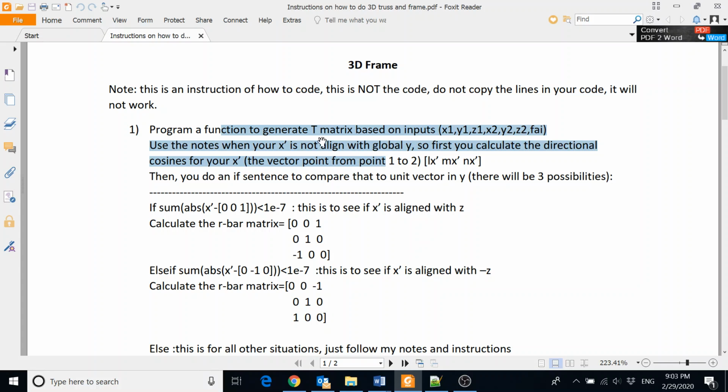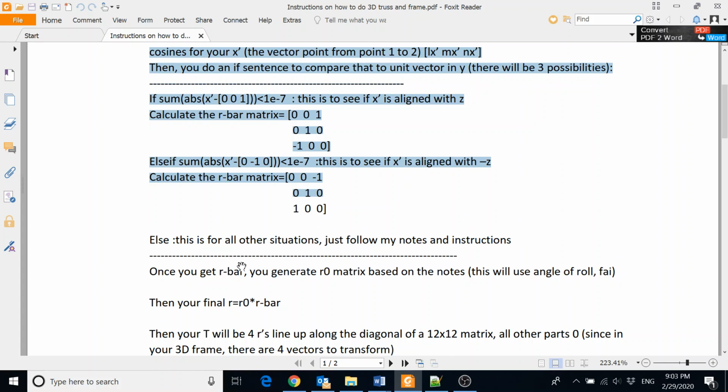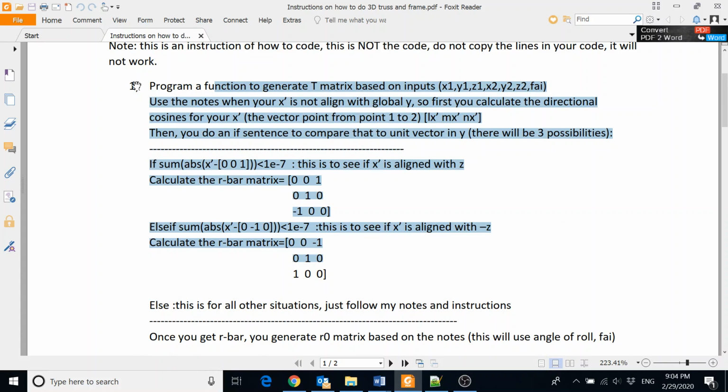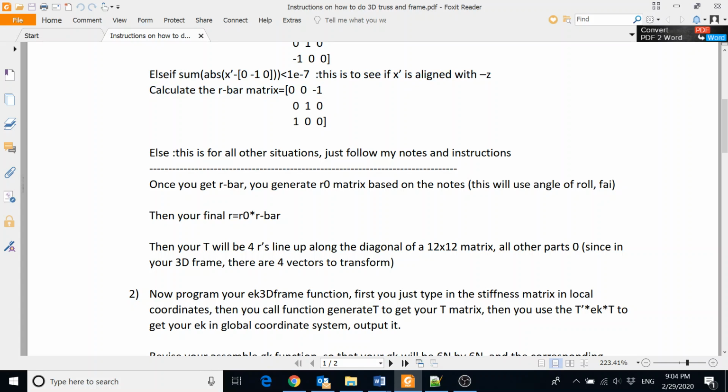So this is just exactly describing what I just said. You can look at it, but if you look at my code already, you don't need to. Basically the first tip is just what I said. But then here, the T will be 4 R's lined up along a diagonal.